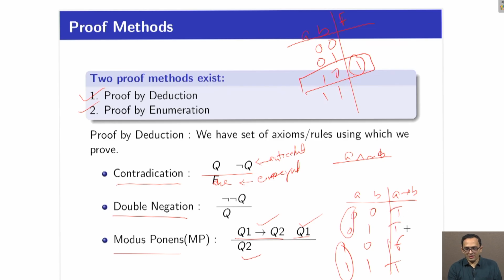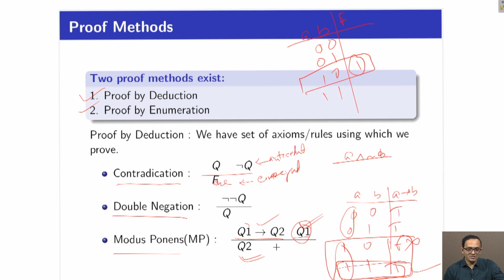So, what it is saying is that if q1 is true, it comes under these two scenarios. And q1 implies q2 is also true, that means the only possible scenario is this one, this cannot happen, because you are saying q1 implies q2 is true. So, here obviously it means q2 is also true.